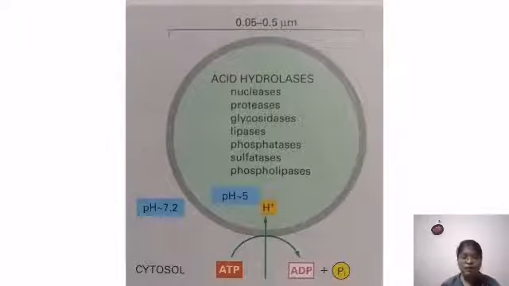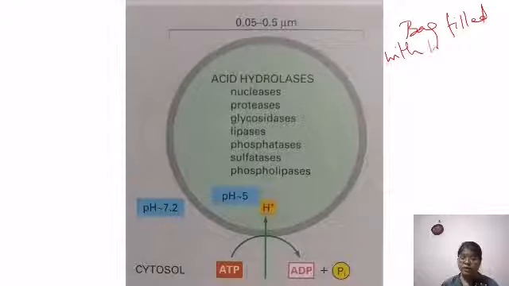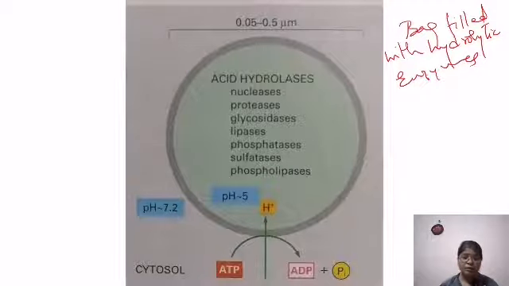If you look at the structure, you know that lysosomes are nothing but bag-like structures. A bag filled with what? Filled with hydrolytic enzymes. As you can see here, it contains various acid hydrolases, like nucleases, proteases, glycosidases, lipases, phosphatases, sulfatases, phospholipases.